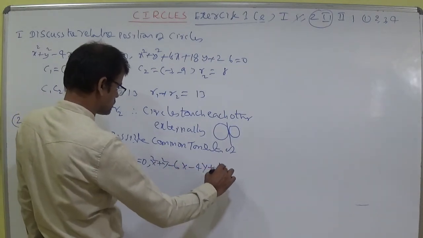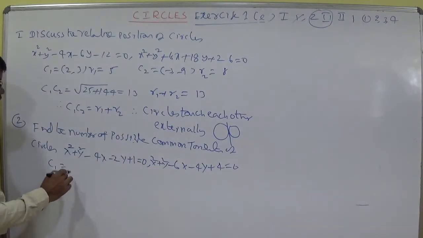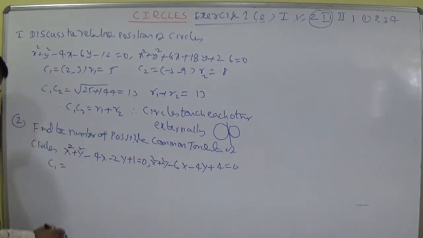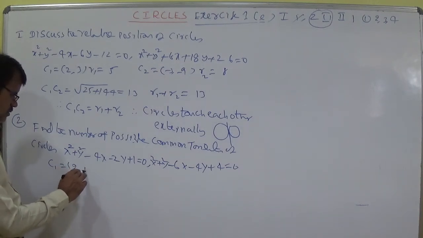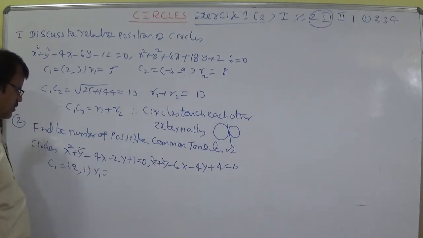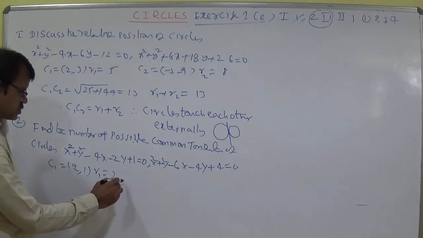In the same process as the first question, you calculate the center: C1 equal to 2 comma 1, R1 equal to root of g square plus f square minus c, root of 4 plus 1 minus 1, which is 2.